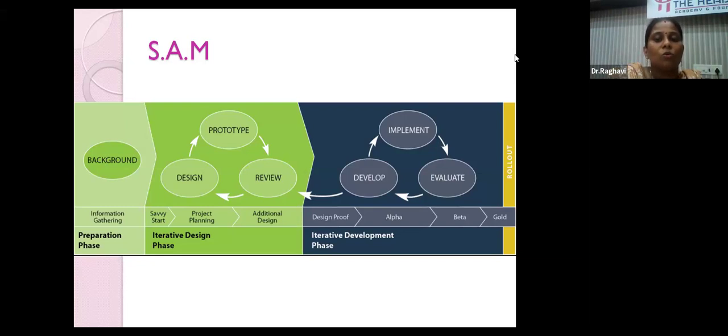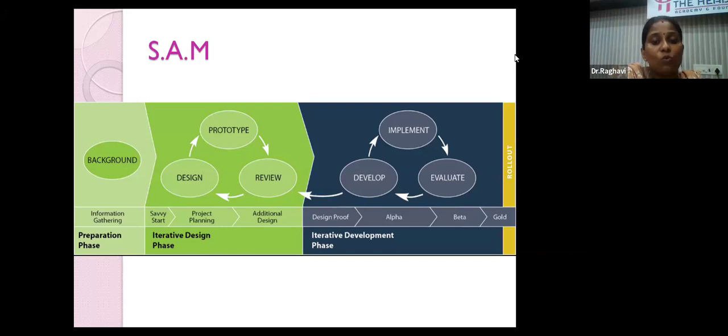So it is easier to give feedback here itself, evaluate the product, then revisit it, rather than testing it later when it doesn't work that way. So iterative design is the key here. In the third phase, the iterative development phase, the finished prototype from the previous phase is fully developed and implemented.